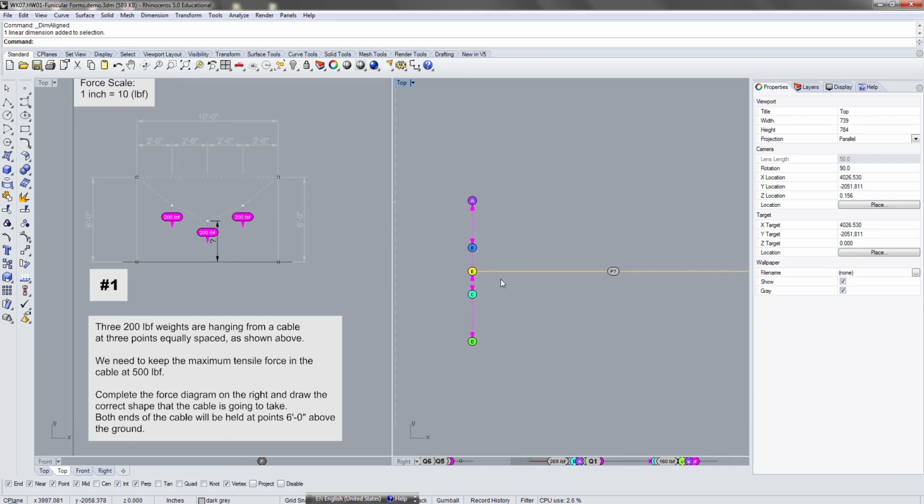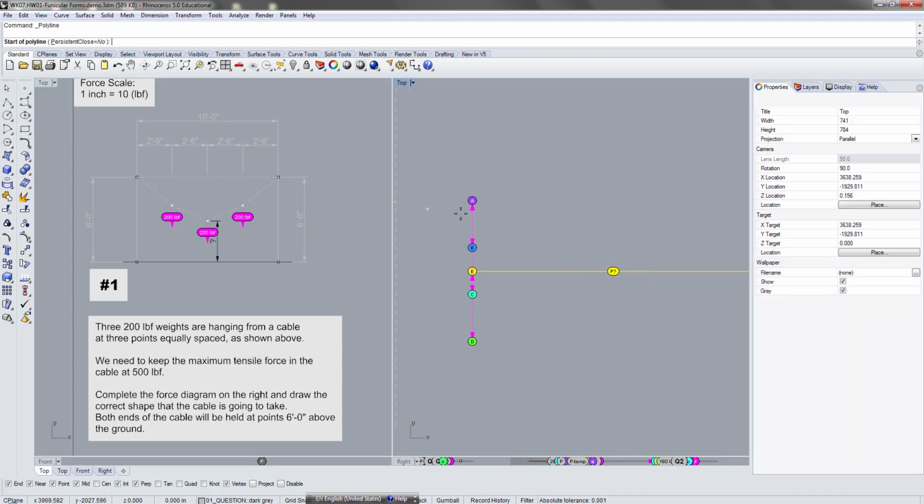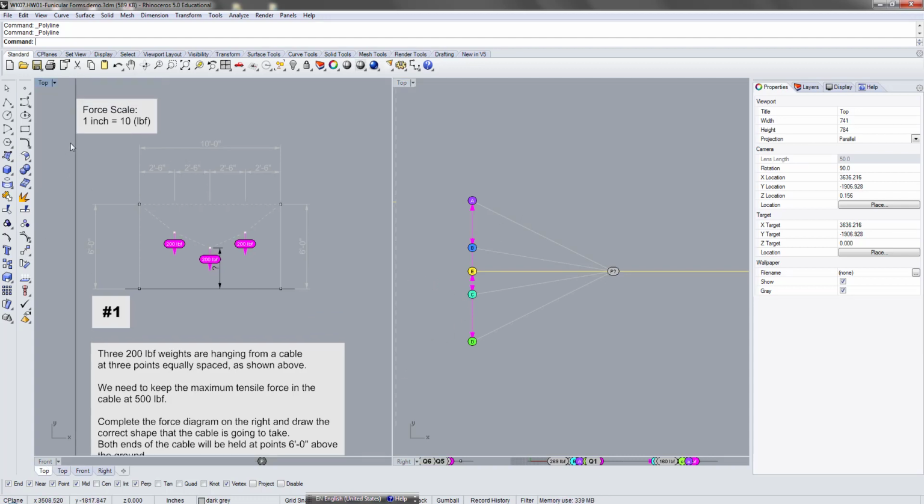So what we know is point P is going to be somewhere, and we are going to be connecting point A, B, C, D to this point. Basically we need to keep the maximum at 500, which in this force scale is equal to 50 inches.